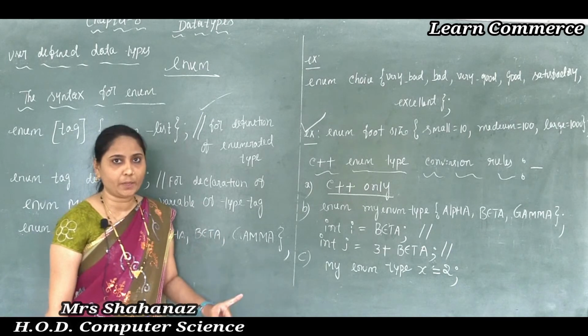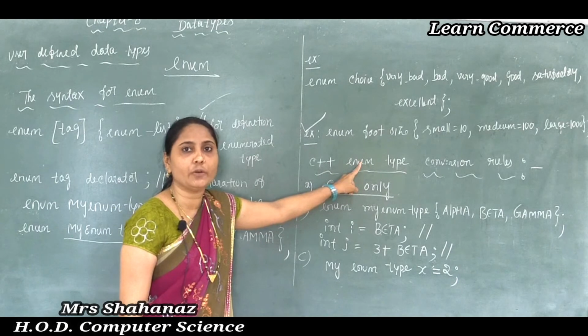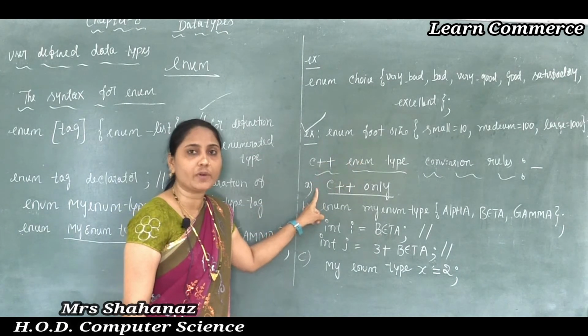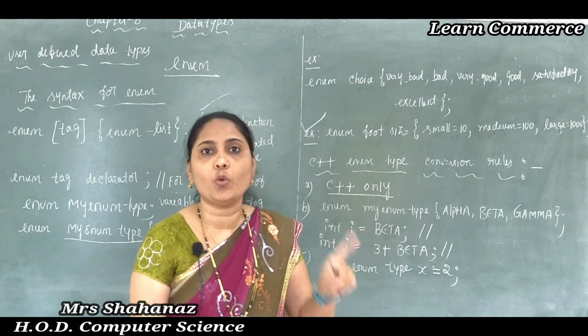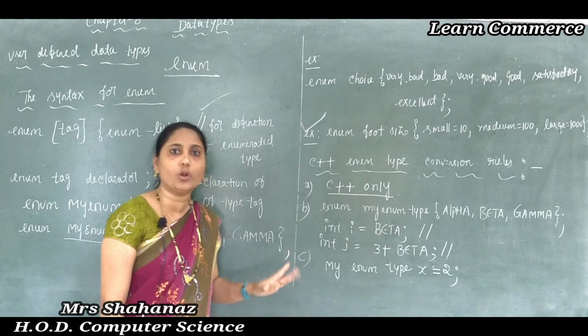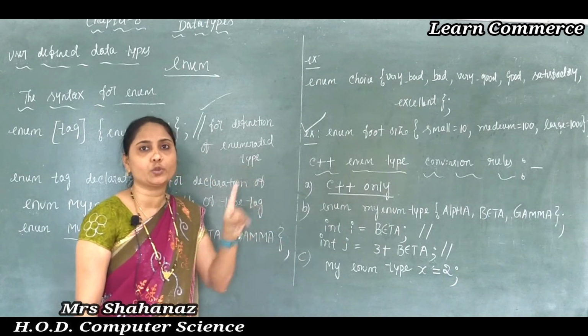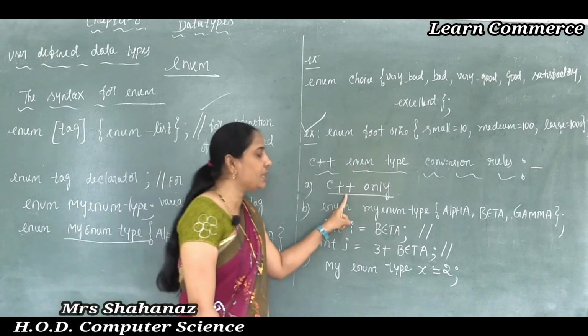The concept name is the C++ enum type conversion rule. So now we are at the first point of the concept. The first point is that whatever rule there is in our C++ enum type conversion rule, this rule applies only to the programming language C++.